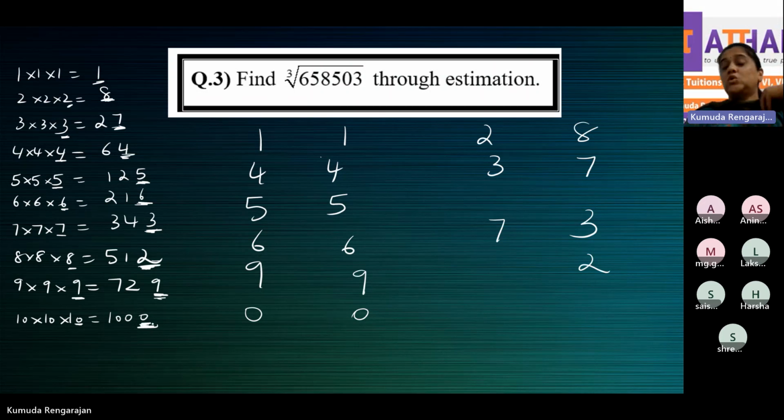A cube number can end with any digit from 0 to 9. By looking at the last digit, you cannot say if it is a cube number or not, because a cube number or a perfect cube can end with any digit from 0 to 9.